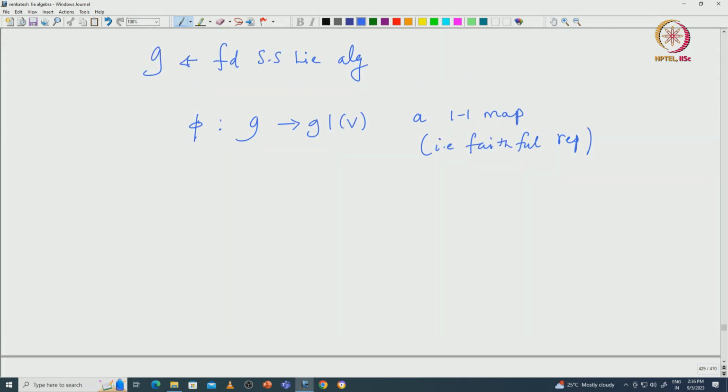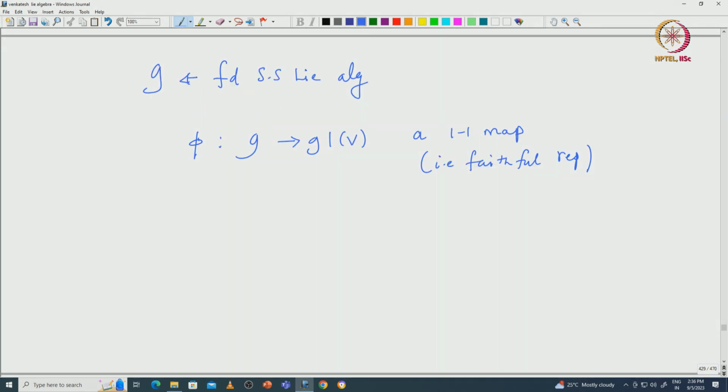Then, by imitating the Killing form, one can define a bilinear form on g. It is defined as follows. Define beta, which depends on this representation pi, as a map from g cross g to the complex numbers, given by beta(x, y) equal to the trace of pi(x) composed with pi(y). This generalizes the notion of the Killing form to any representation.